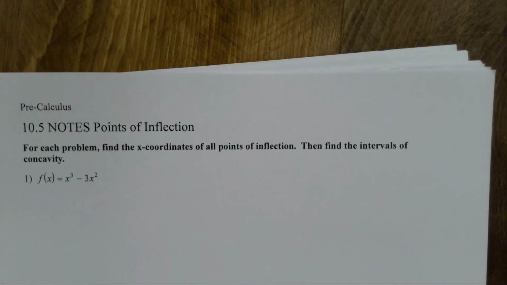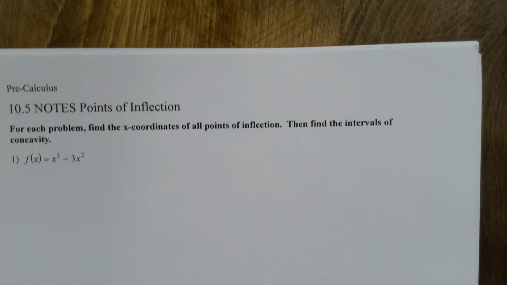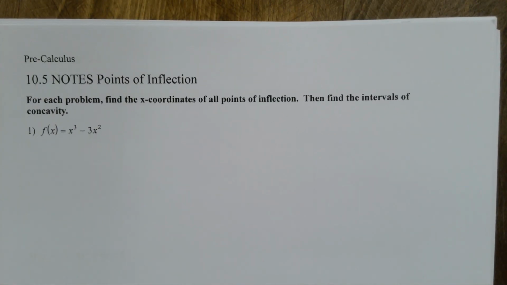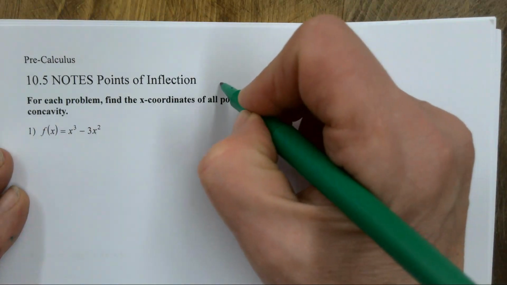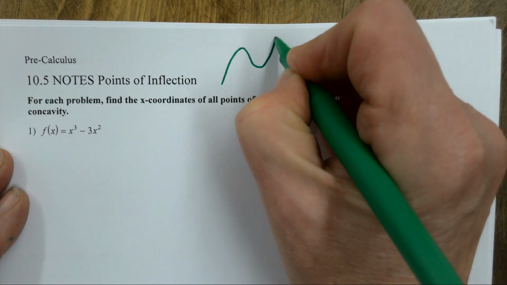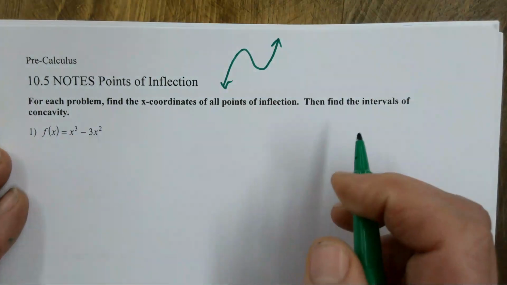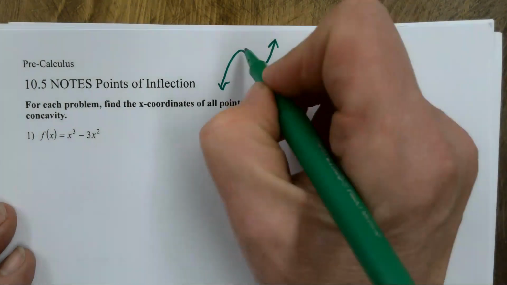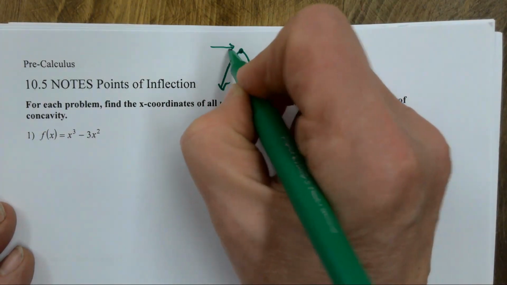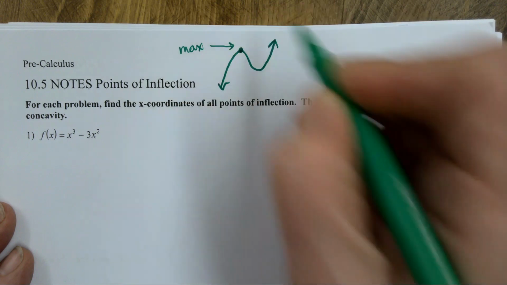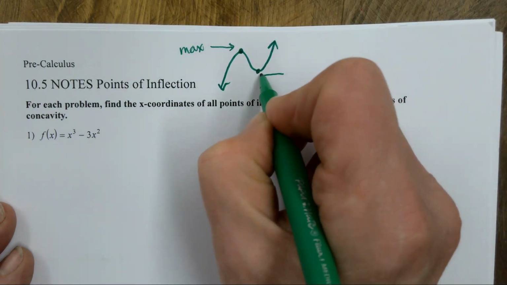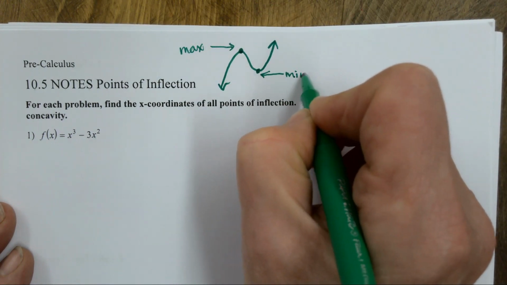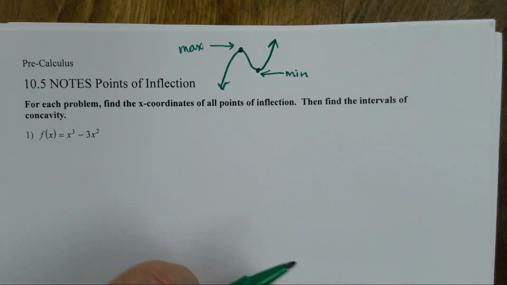So in a graph, not only do I have extrema, so if I just graph a curved function, sort of a cubed function, okay? In a cubed function, I have a max, I have a min, agreed? A high point and a low point.